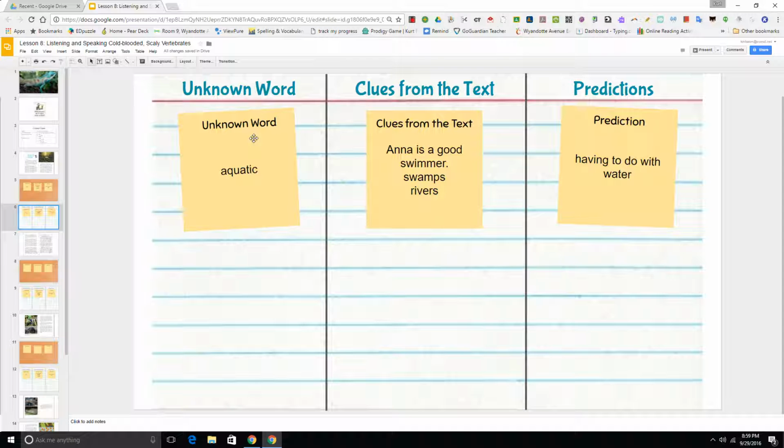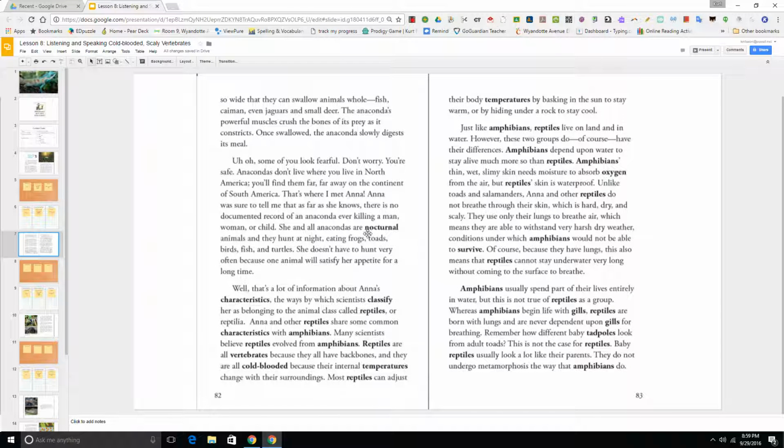Okay, let's get back to the book and see if we can find some more unknown words. So I'm going to be reading this page, and there's a lot of words we don't know on here. And then I'm going to stop and ask you, did you hear or read any words that you or someone else in the class may not know the definition of? And then we're going to use some more Post-it notes.